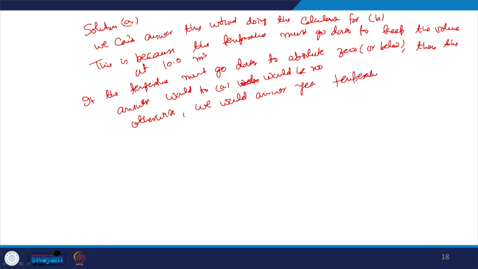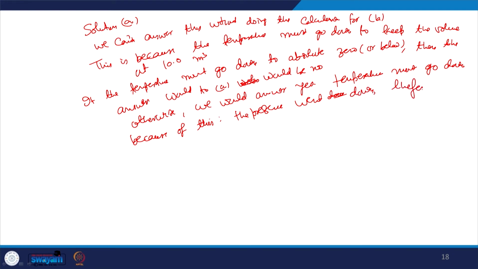Temperature must go down because of this. The pressure went down. Therefore, the volume went up, assuming constant temperature.